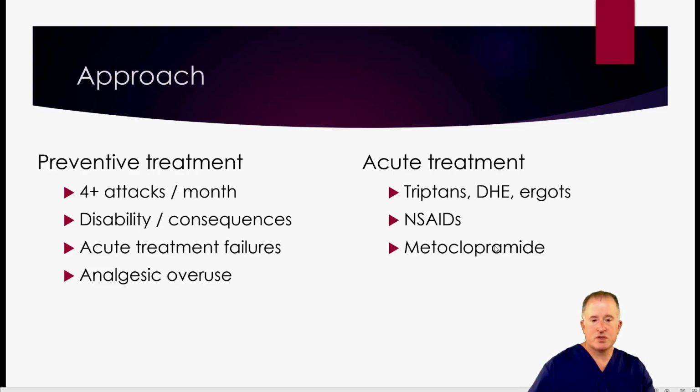Now, of course, Emily also needs acute treatment. And in her case, what I would think of doing would be to offer a highly effective therapy such as a triptan. Now, of course, the most highly effective therapy is injectable sumatriptan at a high dose, which would be 6 milligrams. Now, unfortunately, injectable sumatriptan is often poorly tolerated because what is powerful is often harsh.